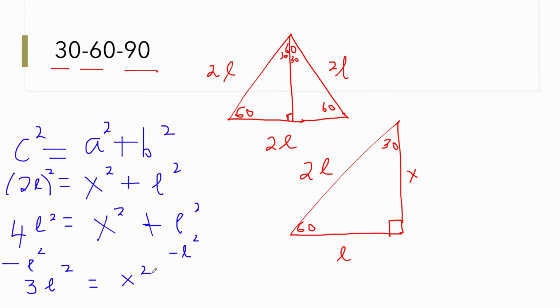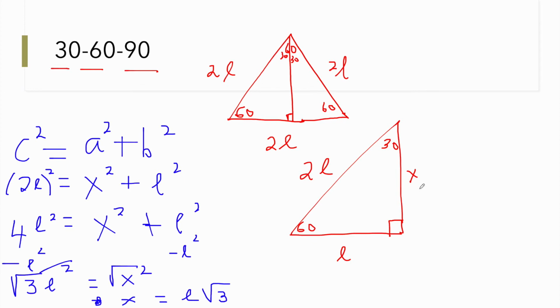Now we are not looking for X squared, we're looking for X. We will apply square root on both sides. When I put the square root here, this will give me X is equal to, I have to come and write it this side, X is equal to L root 3.